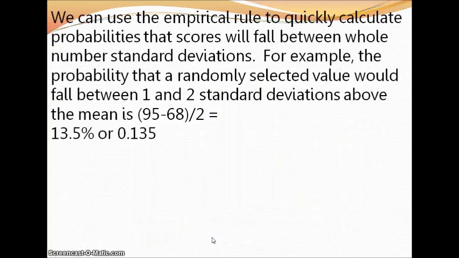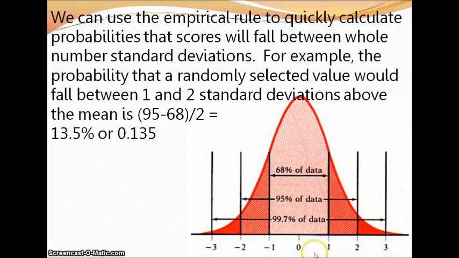We can use the empirical rule to quickly calculate probabilities that scores will fall between whole number standard deviations. For example, the probability that a randomly selected value would fall between 1 and 2 standard deviations above the mean we can find by trying to find this shaded region using subtraction.